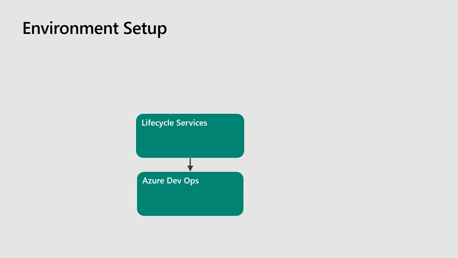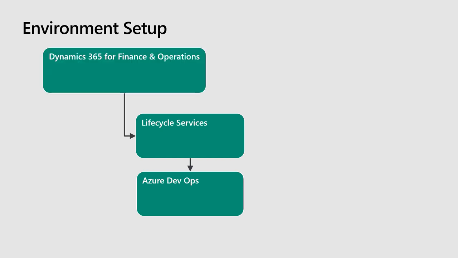And then comes the finance and operations piece, which is the environment that you are going to be deploying. Now, this could be a cloud-hosted environment that you're deploying against your own subscription, or this could be the environments that are coming as part of the Microsoft Enterprise Agreement, which means they are against a Microsoft subscription. So under a Microsoft subscription, it could be what we call a tier 1 or a tier 2.